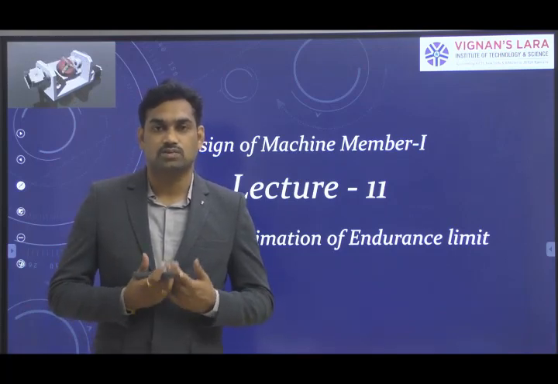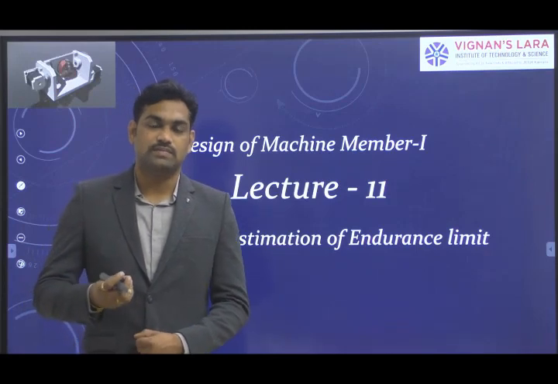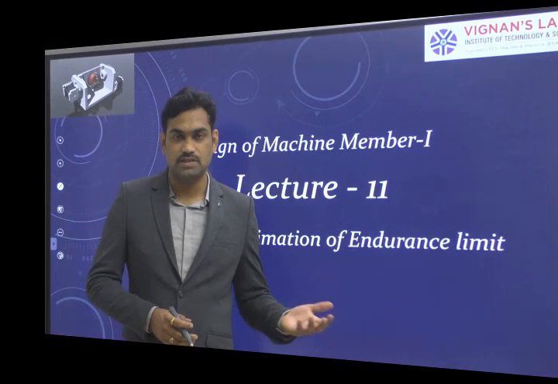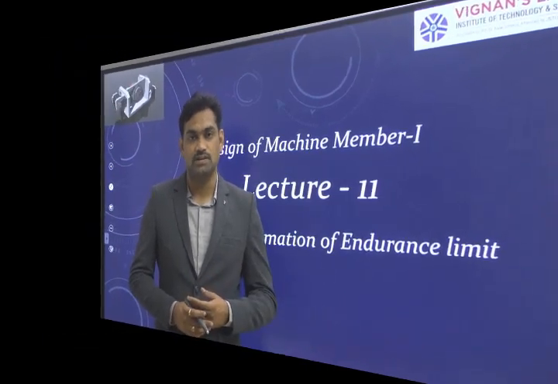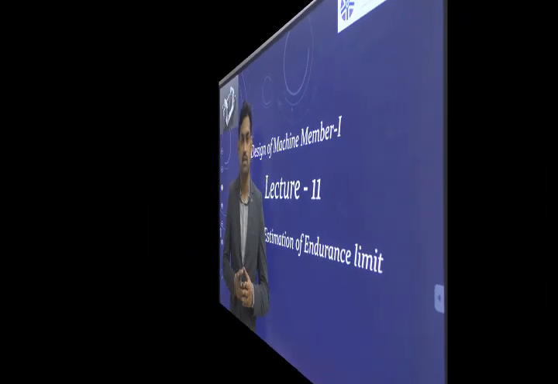In this class, let us see what factors we can consider to reduce the endurance limit observed from the standard specimen to the actual working condition, and also see the approximate estimation of the endurance limit from the graph.